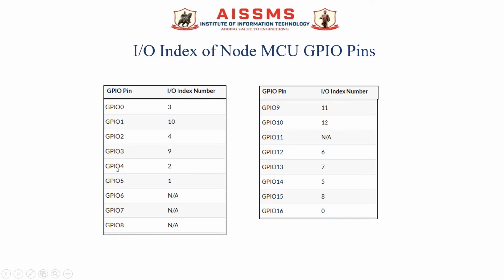If you want to refer to GPIO 13, that is general purpose input output pin 13, then you will have to refer to it as D7 pin. That is the IO indexing number which is given to the GPIO 13 pin. So for each and every GPIO, a particular IO indexing number is given.